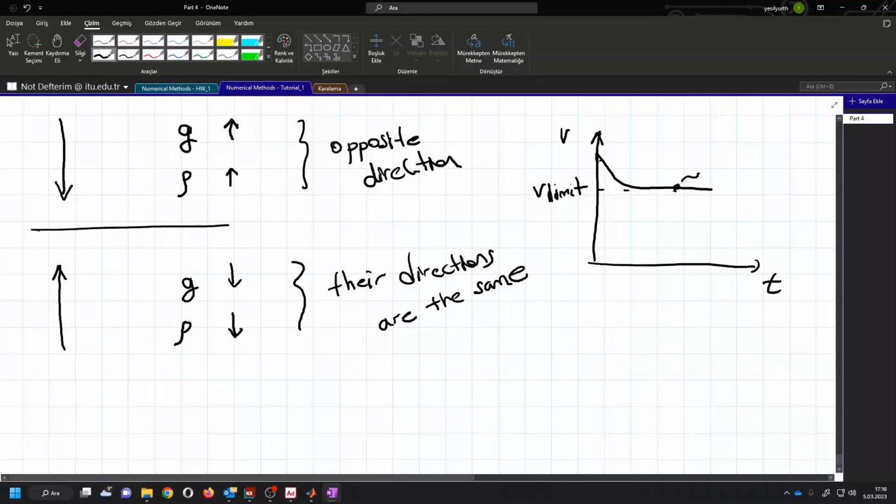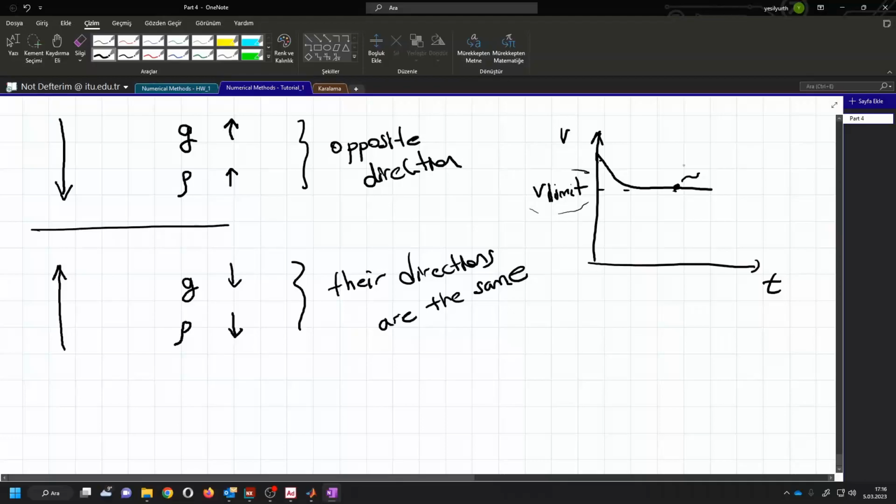But because of the change in the value of gravitational acceleration and the air density while changing our altitude, this balance will not be perfect at every time. So we may think that we won't have a constant V limit after some time, like in the solution with constant G and constant rho parameters. Okay.